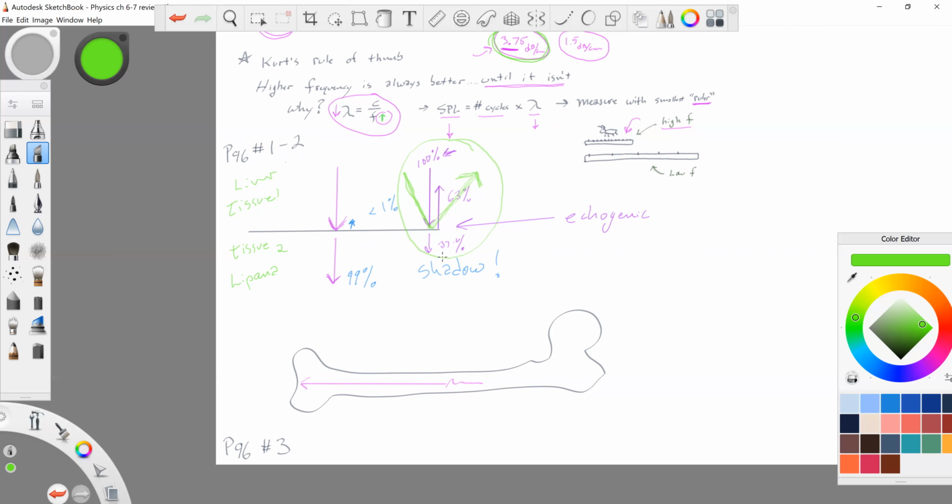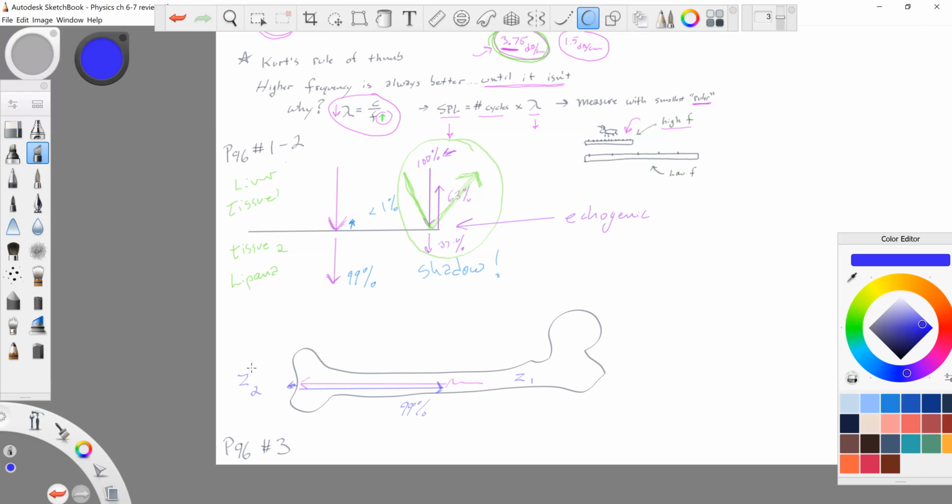Right, so the only thing we do know is that there is this very large reflection going the other direction. Let's just say for the fun of it, it was a 99% reflection, which means a tiny little bit, 1%, made it out of the bone. So a large difference between Z1 and Z2.